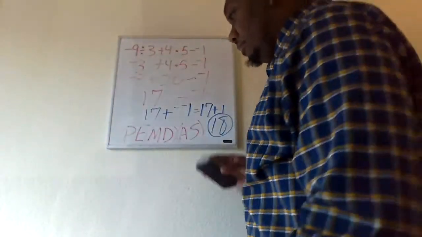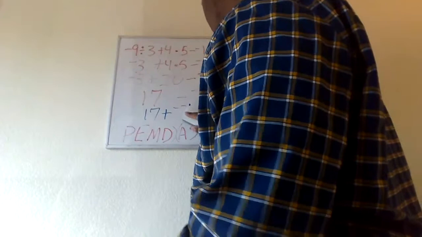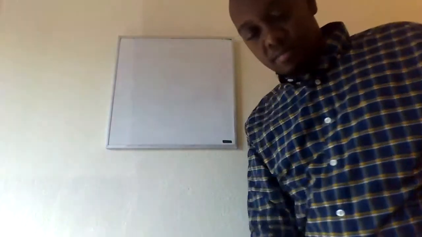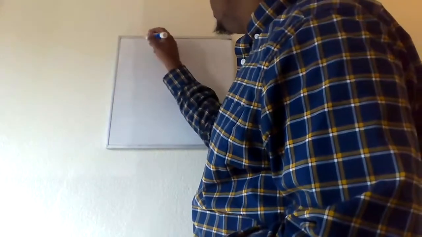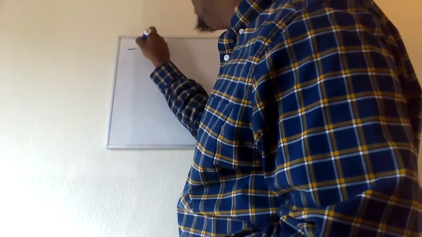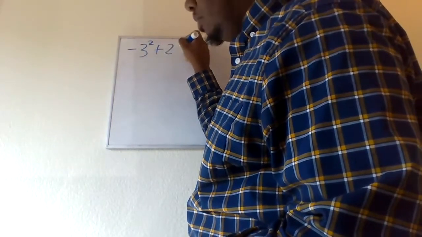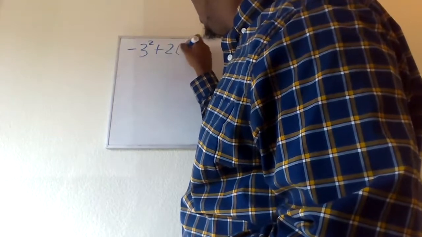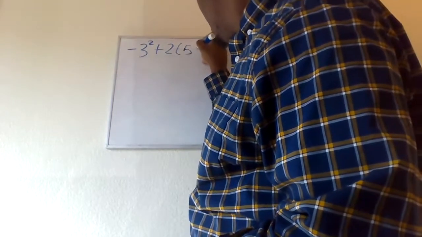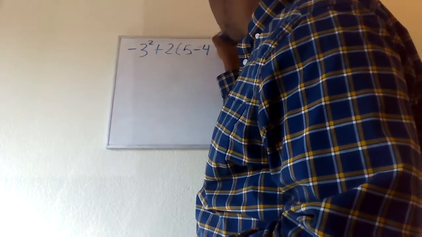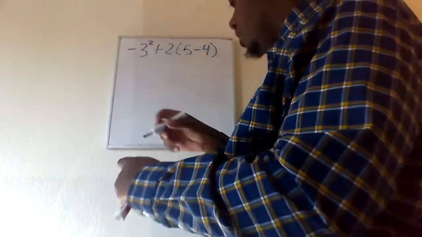All right. Let's see here. Okay. So I'm going to do -3 squared plus 2 times 5 minus -4.